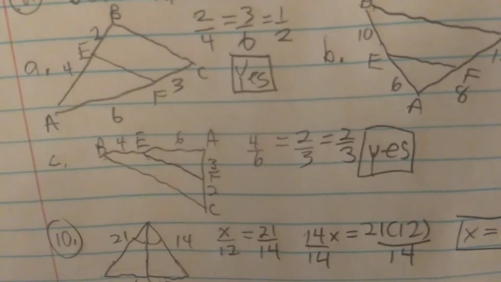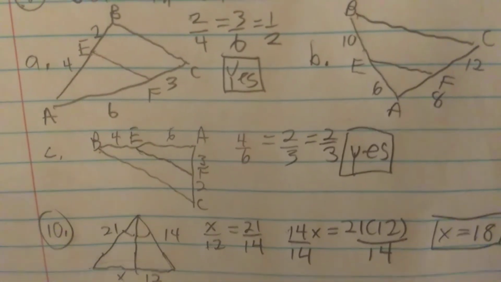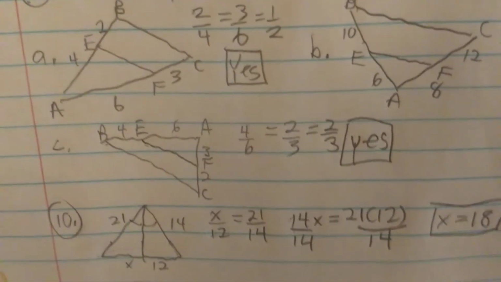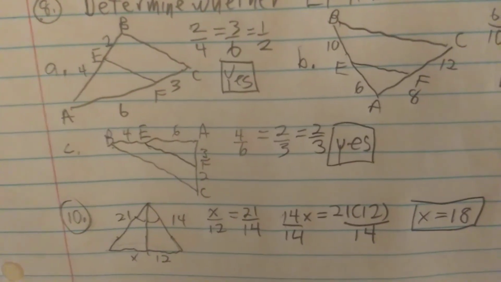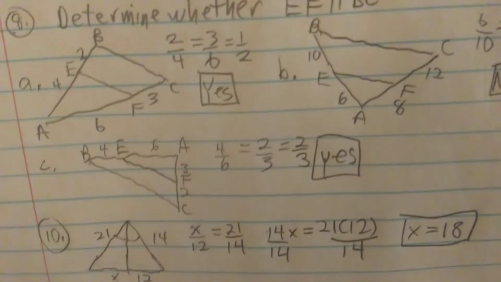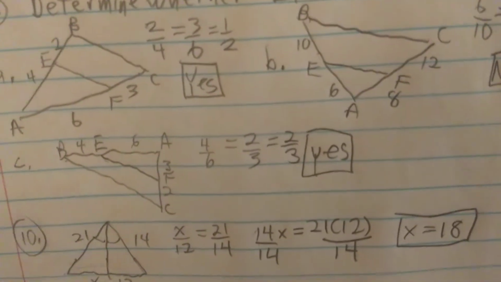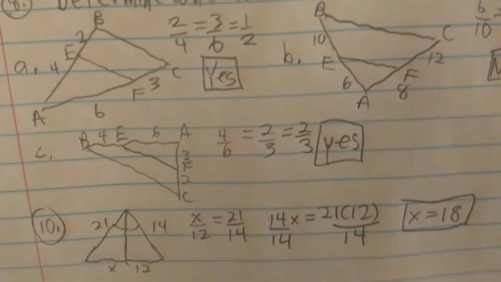And then for part C, we have BE over EA is 4 over 6, and FC over AF is 2 over 3, and they both have a proportion of 2/3. So yes, EF is parallel to BC.